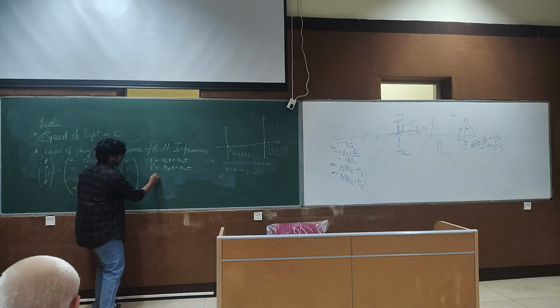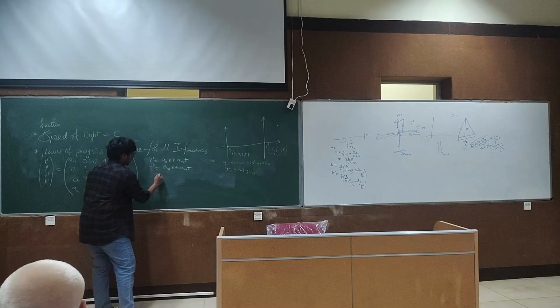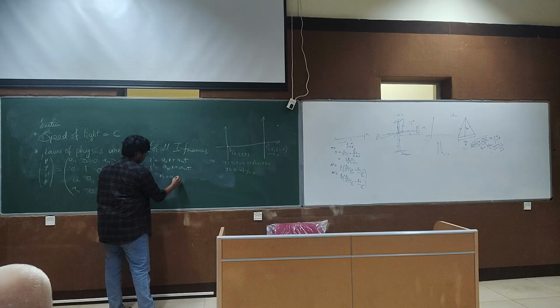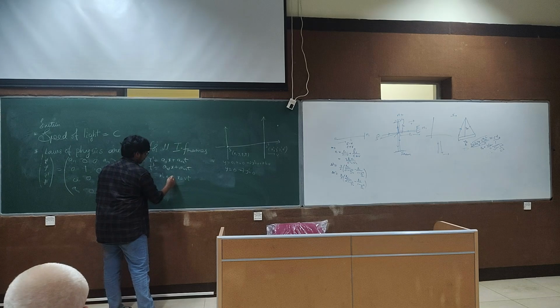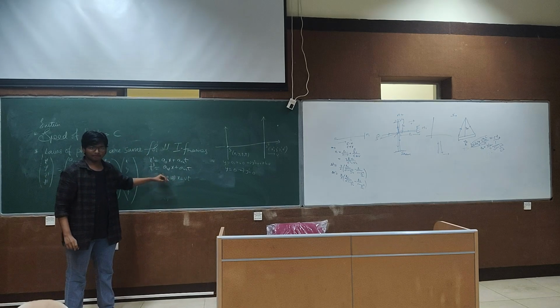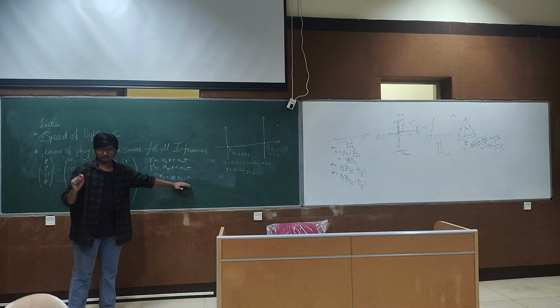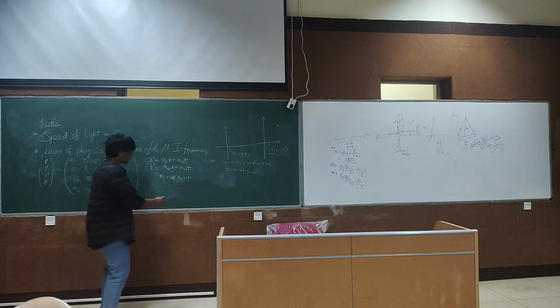So x prime equal to 0 should go to x equal to Vt. It implies that x equal to Vt. So x prime equal to 0 is the same point in S prime frame as x equal to Vt in S frame. You get it?